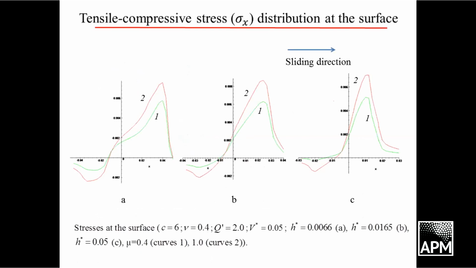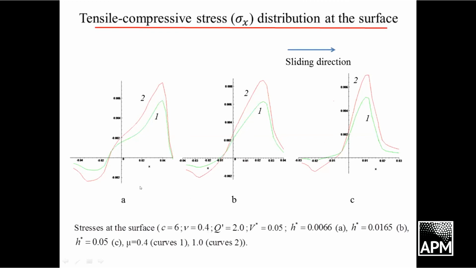And the effect of friction is most obvious for the case of tensile and compressive stresses, which cause the coating fracture. And here are the results for different layer thickness.